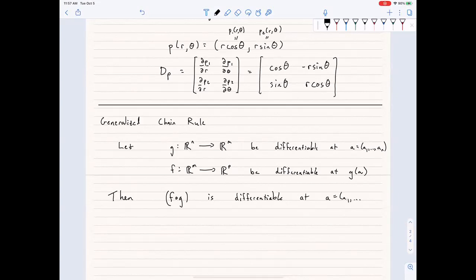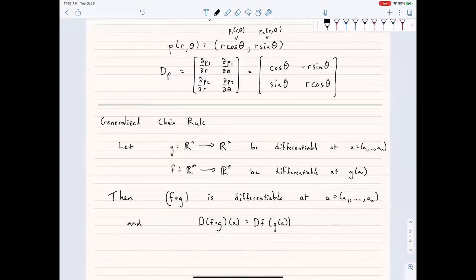And furthermore, the big deal is that its derivative at A, so let's say we evaluate this at A. Remember what I said before, this is a derivative of functions. I'm going to evaluate each of those functions at A, so that's now a matrix of numbers. This matrix of numbers is obtained by taking the total derivative of F and evaluating it at G of A. And that's a big matrix, right?